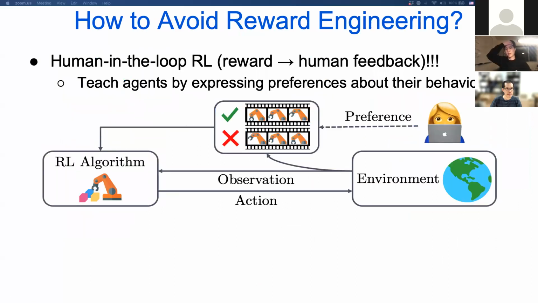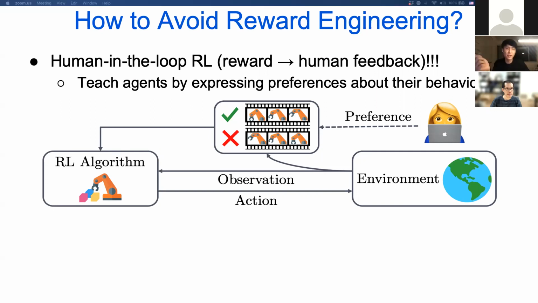Okay, so as a solution to overcome reward engineering, in this paper, we focus on preference-based reinforcement learning. In this framework, we don't assume that agents receive the reward from the environments. Instead, the agent asks the teacher's preference about two behaviors and uses this information to learn.